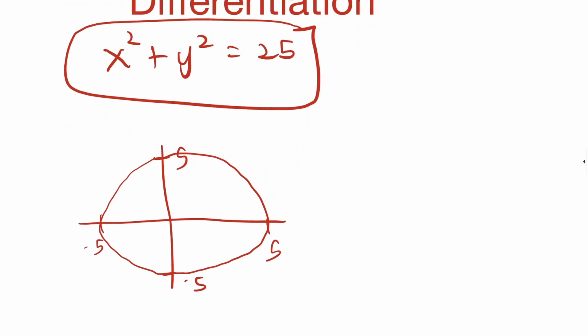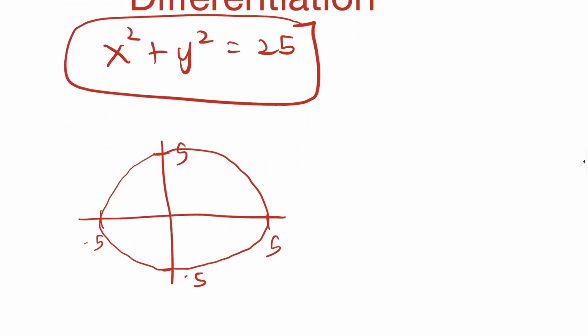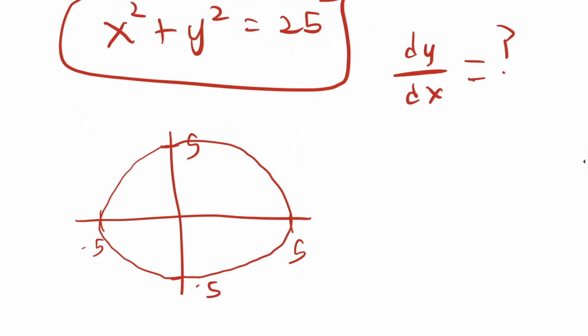And we're asked to find the derivative of this at any given point. We're going to find what dy/dx is. And this is why the derivative notation is actually kind of important, because you're taking a derivative with respect to x this time. And the question is, what is the slope of the tangent at this point?